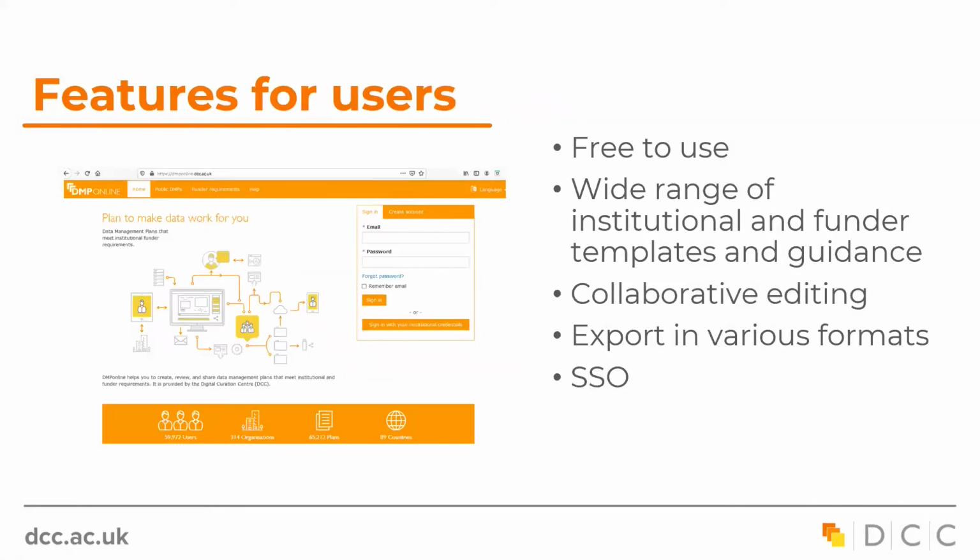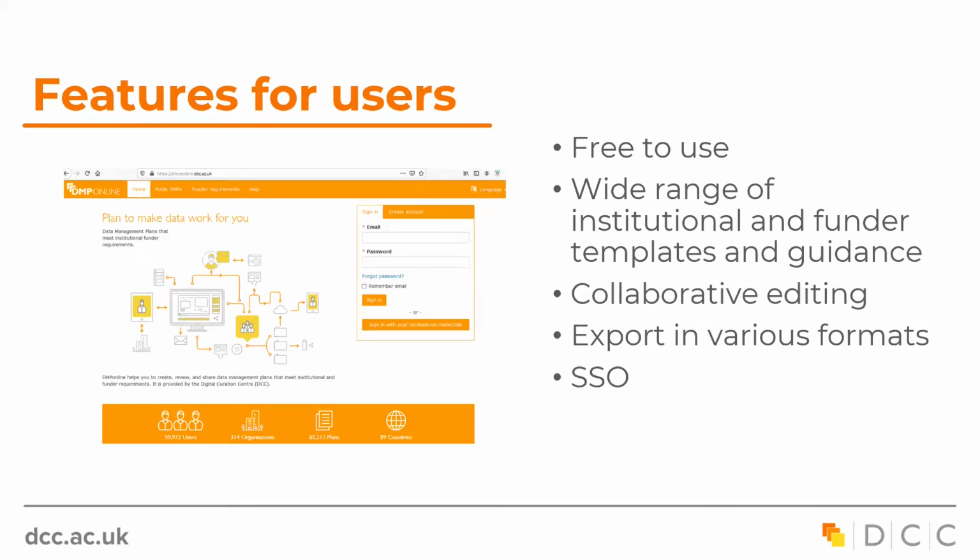Okay, so features for users, as I said, is free to use. There are a variety of institutional and funder templates and guidance that they can choose from. There is collaborative editing. You can share your plan with anybody. This is somewhat different from contributors.